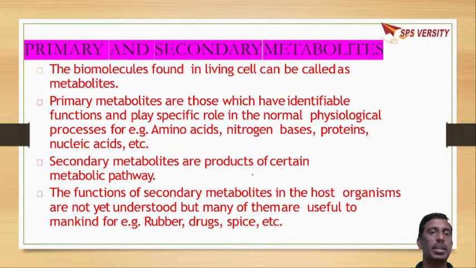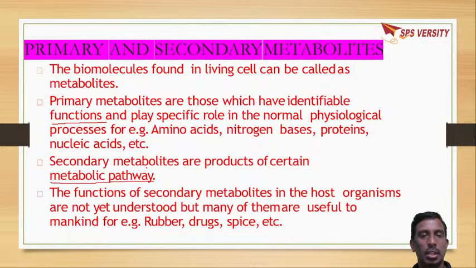So primary means which can be identified based on their functions. They have a specific role in physiological processes, like amino acids, nitrogen bases, proteins, nucleic acids. All of this is primary metabolites. Secondary metabolites are products of certain metabolic pathways.